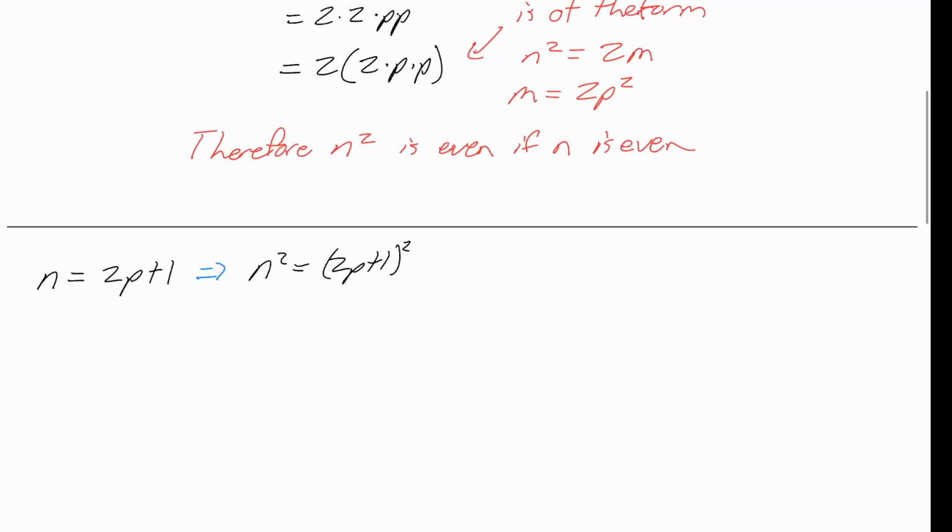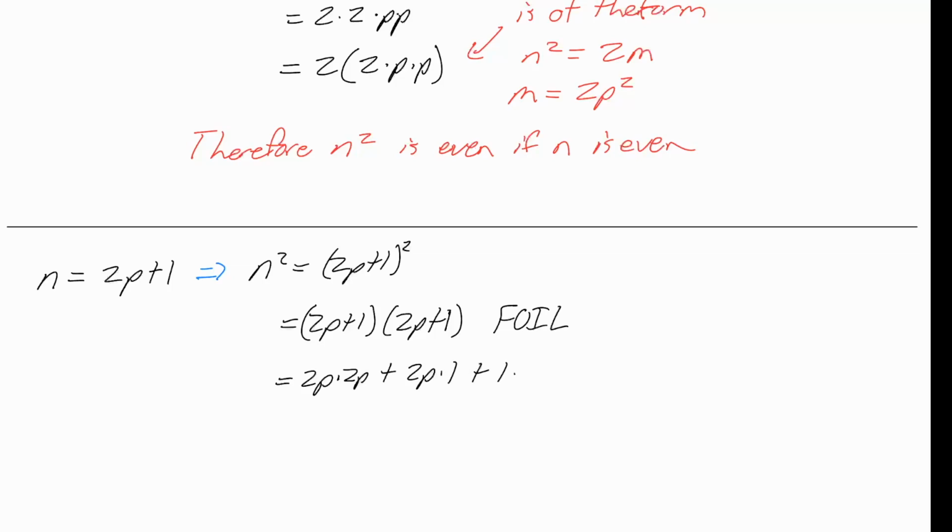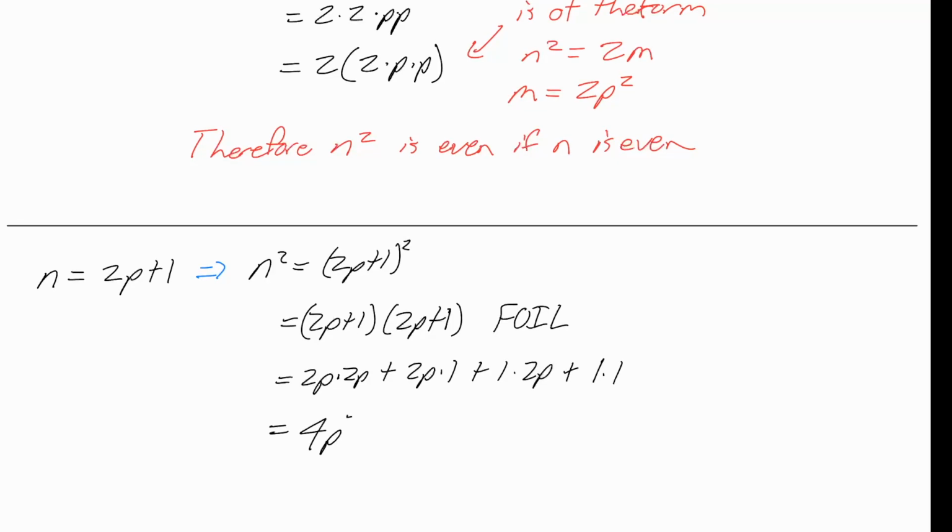And, carrying out the algebra of this, so equals (2p plus 1) times (2p plus 1). And we can use methods such as FOIL, first, outer, inner, last to solve this. So we will get 2p times 2p plus 2p times 1 plus 1 times 2p plus 1 times 1, and cleaning that up a little bit, that's going to be 4p squared plus 4p plus 1.